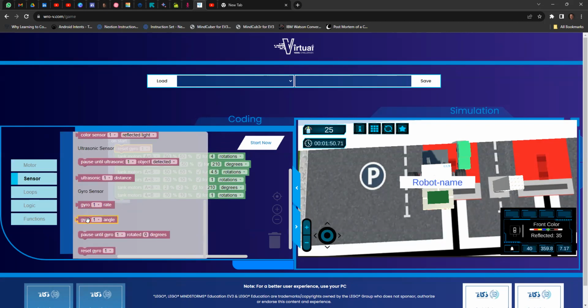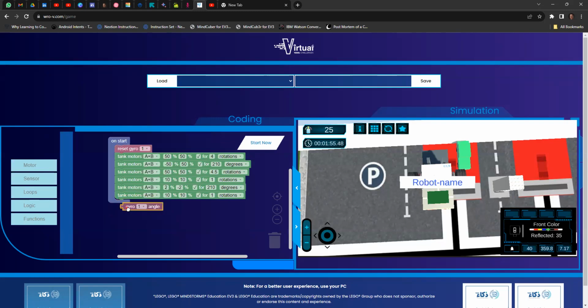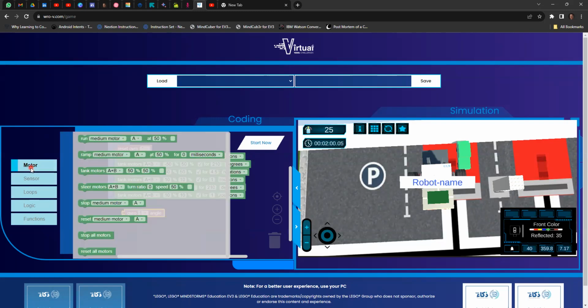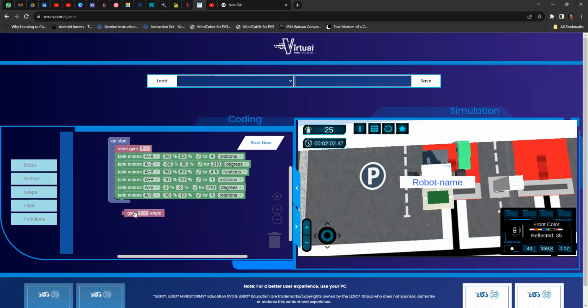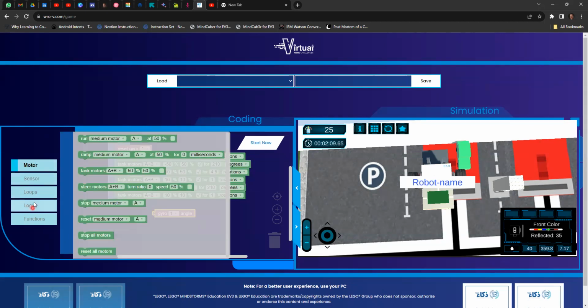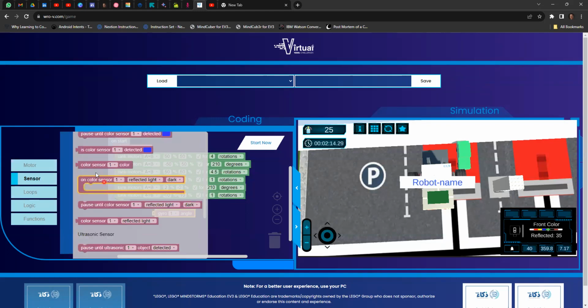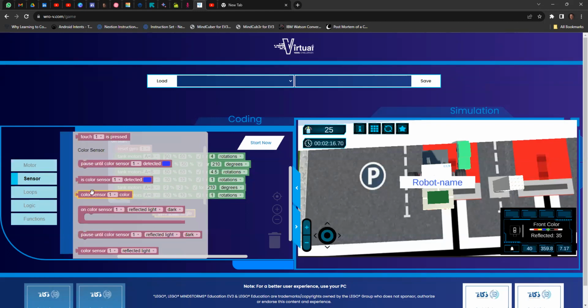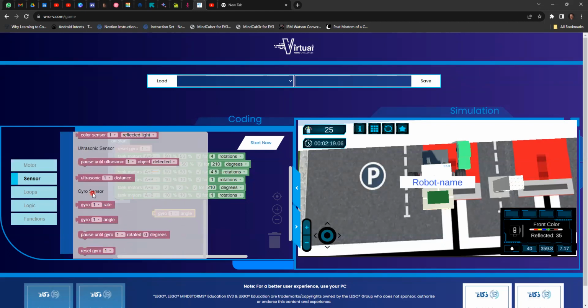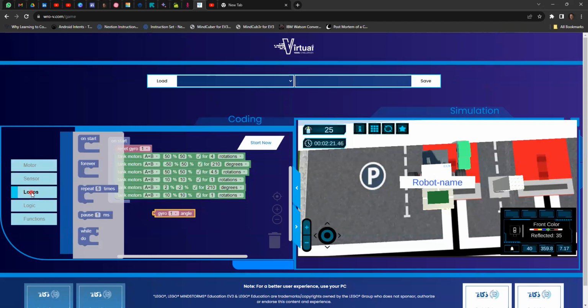Okay, and then I'll go to gyro one angle. I'll try this one. But again, here, tank motors until we get to... can I insert it here? No, I can't. So I have to use a function that will take this part inside it. So loops, not the loops.